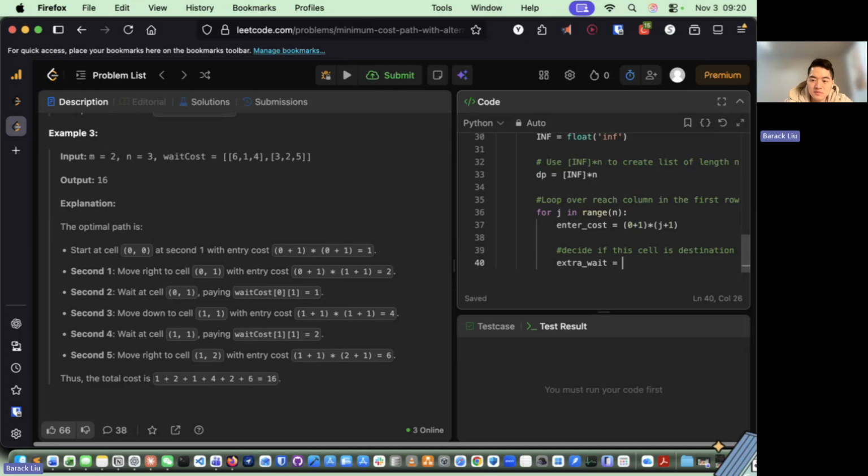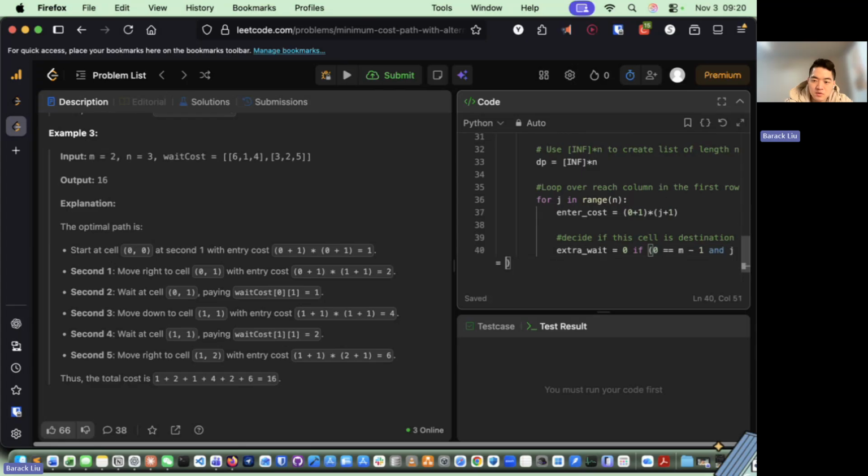So extra wait is equal to 0 if m minus 1 is equal to 0 and j is equal to n minus 1, right?